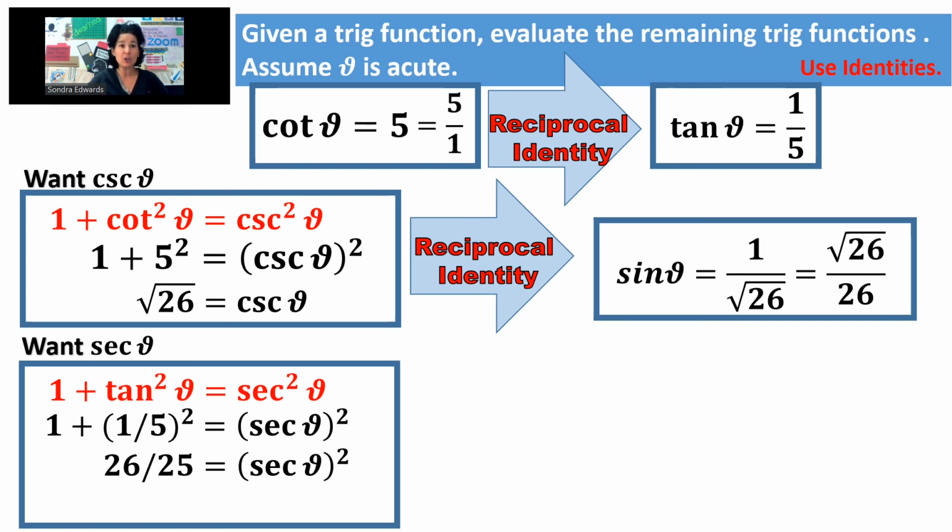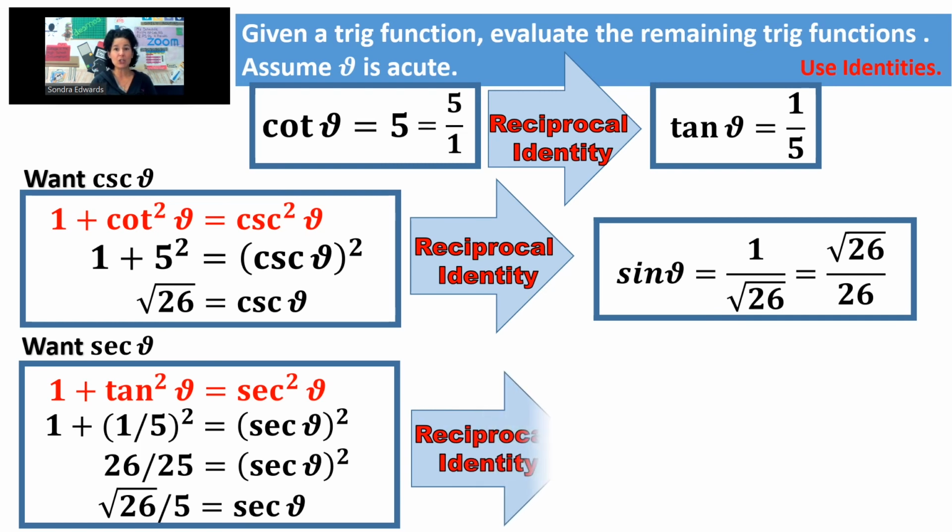Keep in mind when you square root an entire fraction, that's the same thing as square rooting the numerator over square rooting the denominator. So when I take the square root of the fraction 26 over 25, that's like taking the square root of 26 over the square root of 25, which ends up being root 26 over 5.